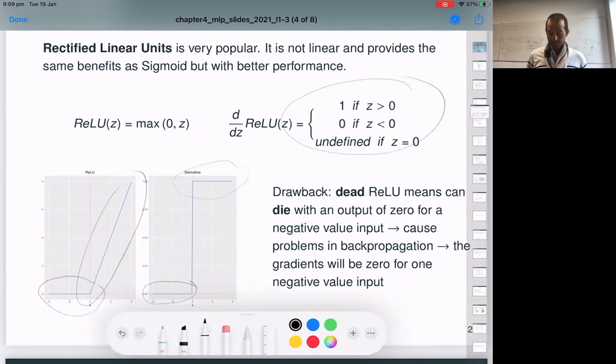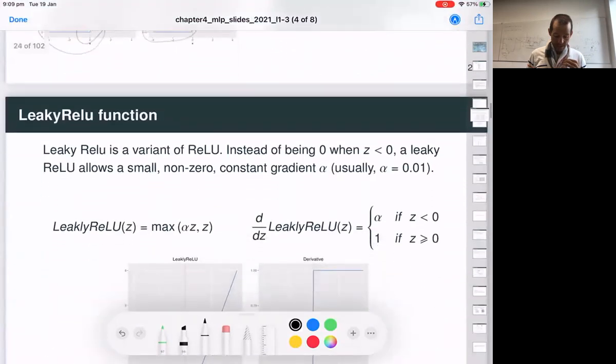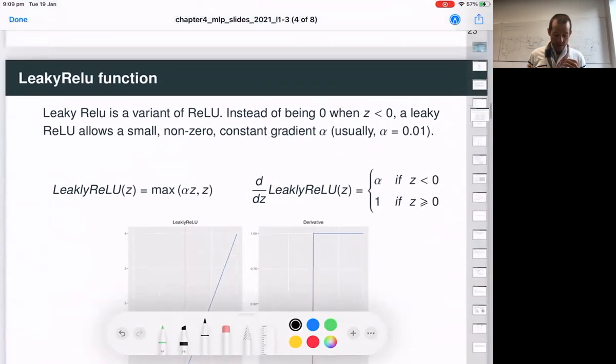The drawback is what we call the dead ReLU. It means that your neuron dies at 0 for negative values, and this can cause some problems for backpropagation, because for negative values you have a derivative equal to 0. So an alternative is called the Leaky ReLU, which is a variant of the ReLU.